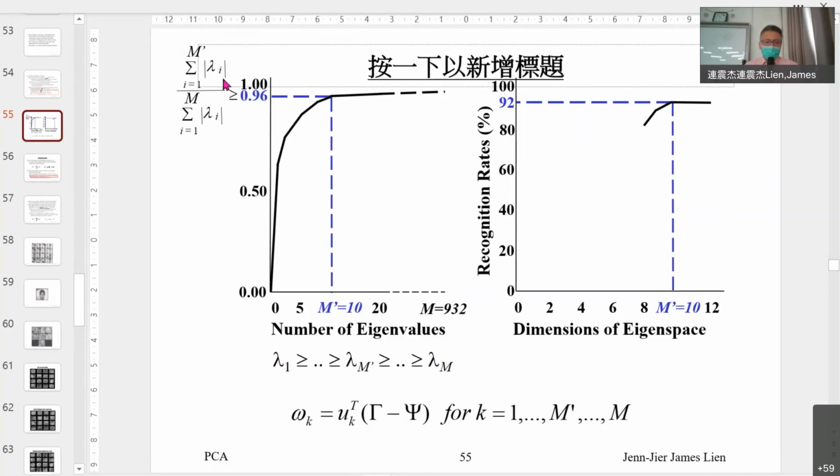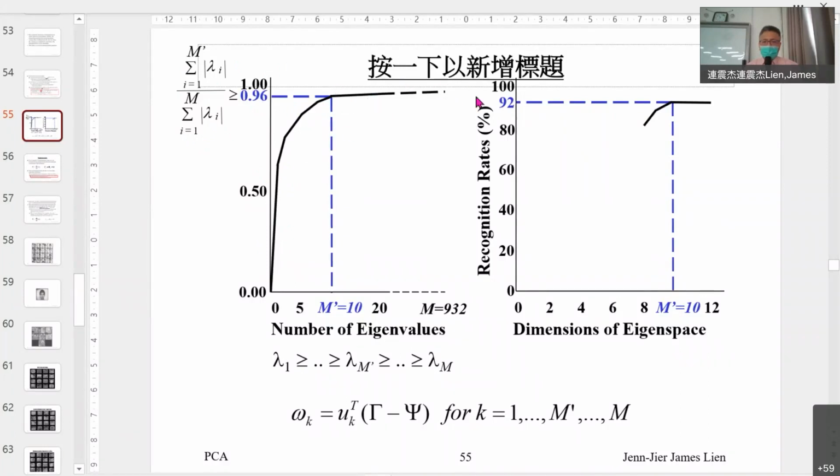So this one is accumulated. First you do the sorting. The first eigenvalue probably will take 60% of the overall eigenvalue, and you accumulate until, suppose, 96 or 98. Here you cut, and the others are not important.